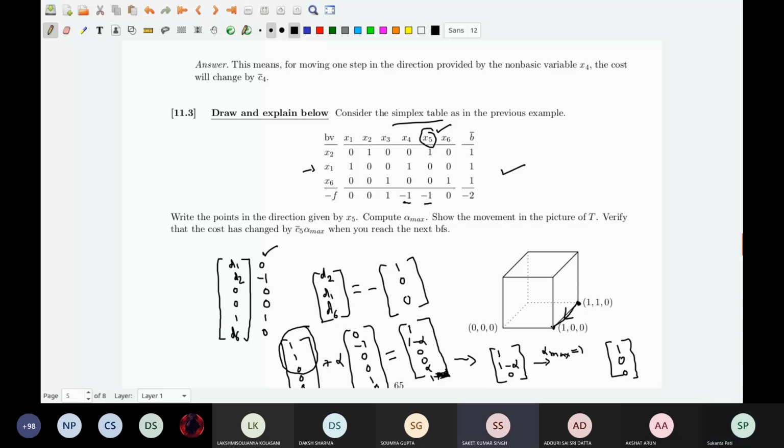Understood, no? Now, in the process, the functional value has changed by C5 bar. C5 was negative.